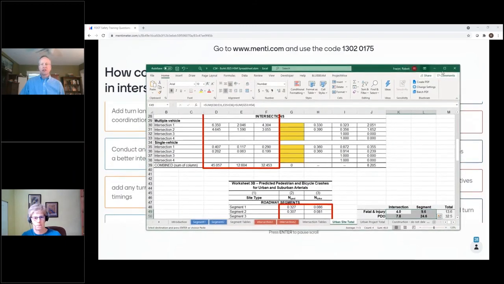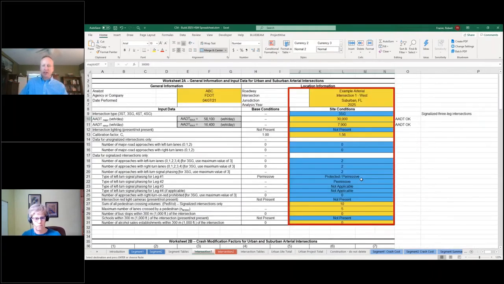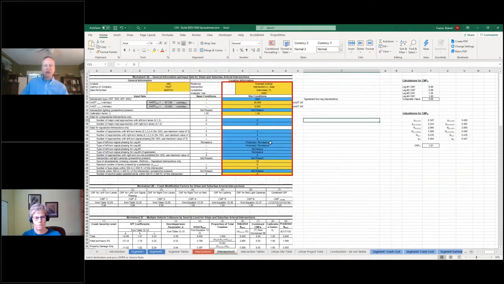For purposes of this, I thought, well, I've got protected permitted, and maybe this permissive is yielding to peds. That's the third leg. But on the main street, if I can go to protected only phasing, I would just change that.